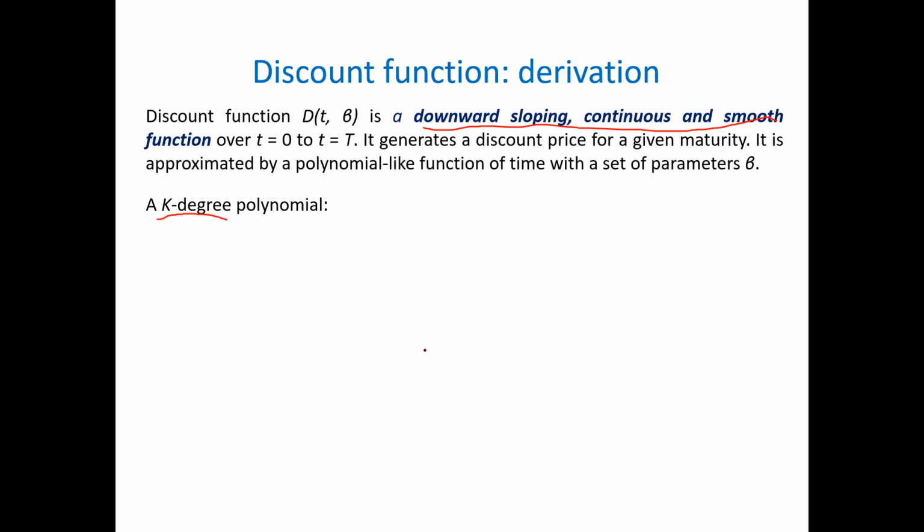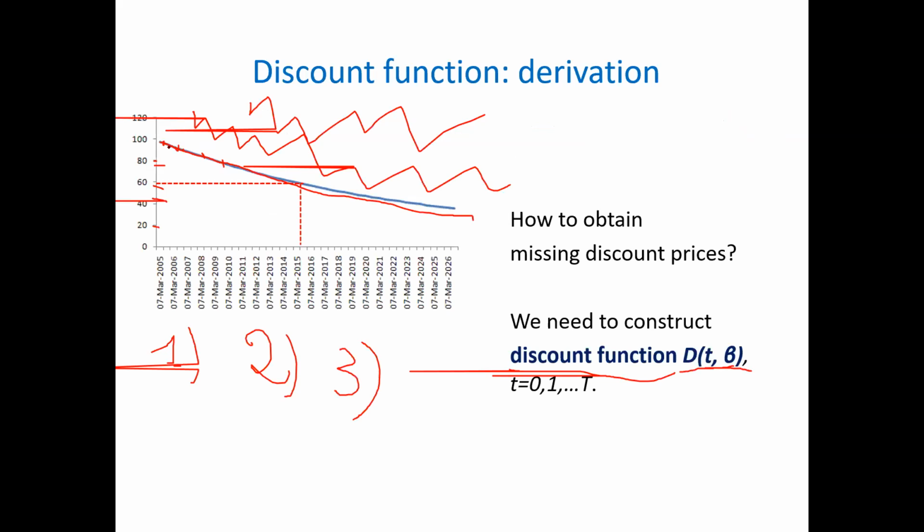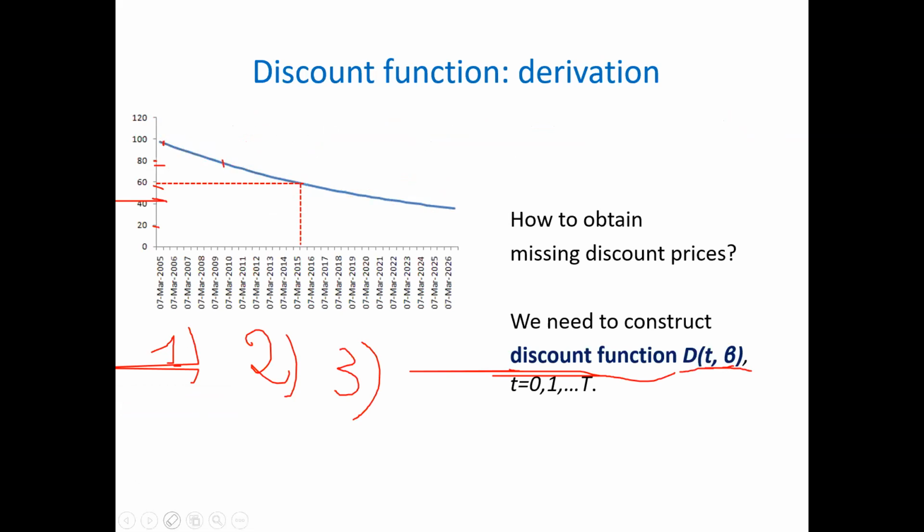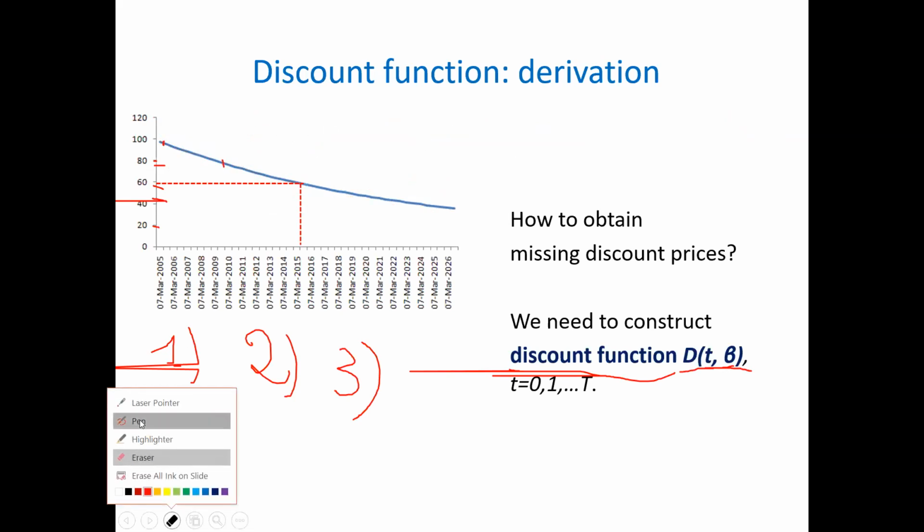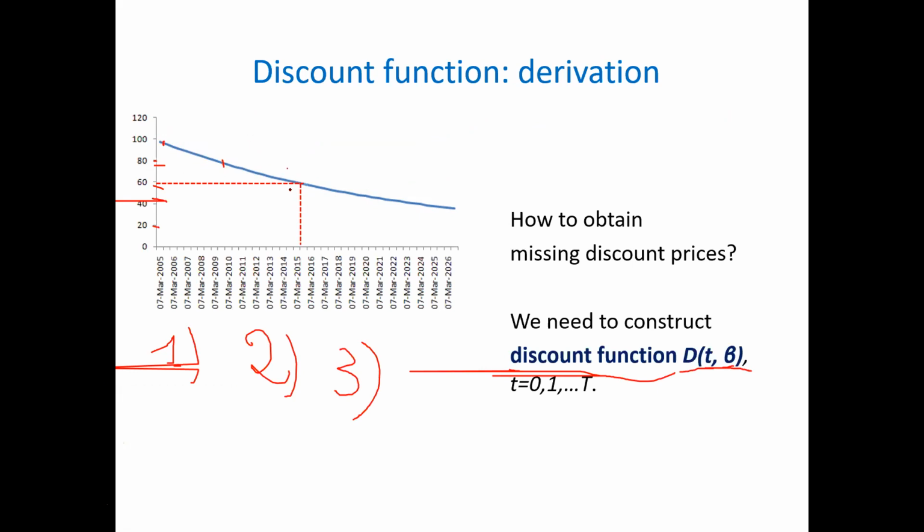It's actually a kind of polynomial. If we look at this curve again, let me erase all this because it's getting messy. If you look at this curve, we can divide it into different segments, and you will see that each segment has its own degree of curvature.